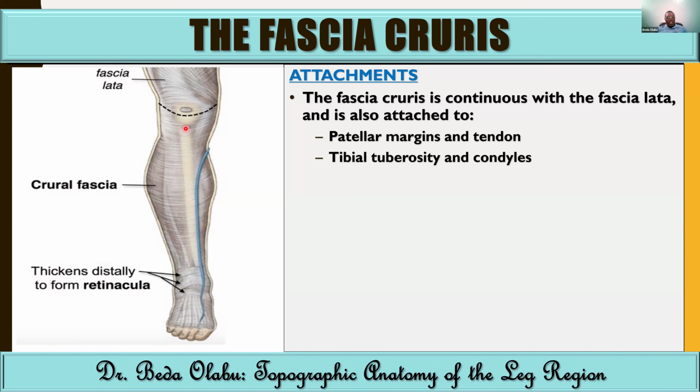The fascia is also attached to the tibial tuberosity as well as the tibial condyles. So we'll remember that the tibial tuberosity will be somewhere here, and then the tibial condyles will also be somewhere there and there. This fascia is attached to them. It's attached to the head of the fibula as well. That would be somewhere around there.